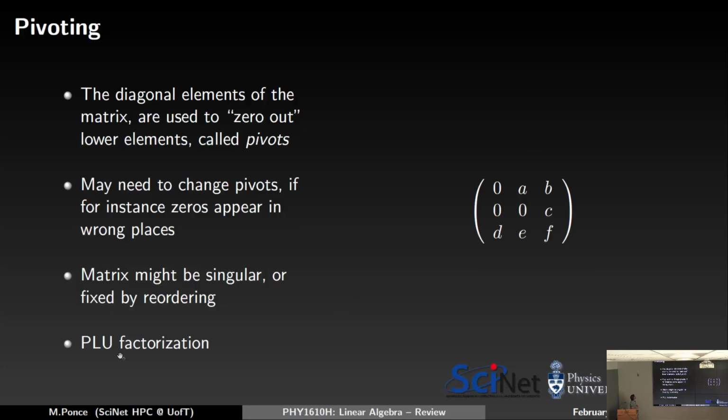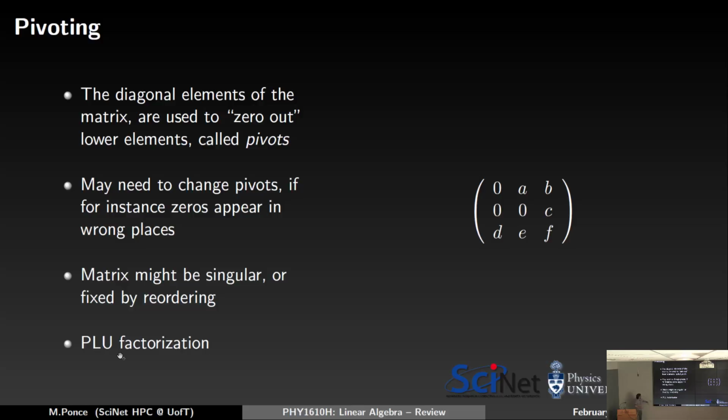Pivoting. This one you probably also saw in your linear algebra courses. The idea of pivoting is a method that tries to zero out most of the elements beneath the diagonal. It's kind of a game: you can pivot as many rows or columns as you want and do subtractions and additions between them so that you get as many zeros as you can.